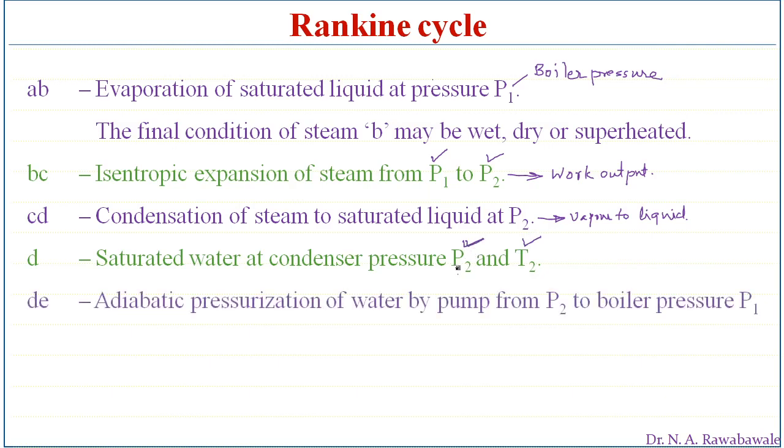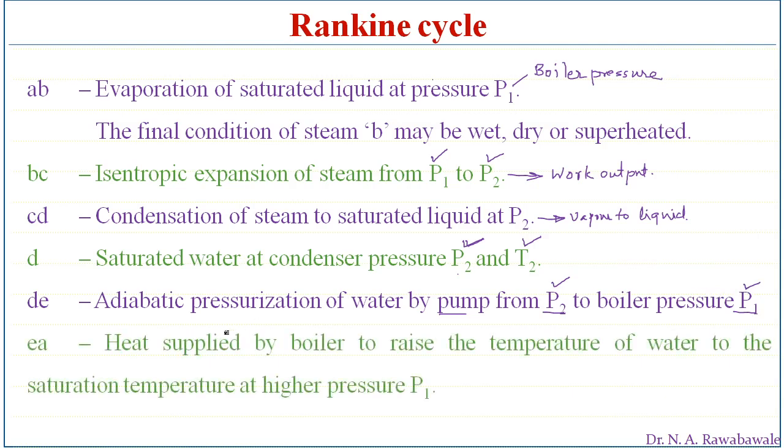Then this condensate is adiabatically pressurized with the help of a pump and supplied from the pressure P2 to the boiler pressure P1. Condenser pressure P2 is lower pressure, and using this pump the pressurized supply of feed water is made to the boiler, and that is called adiabatic pressurization, where there is no transfer of heat.